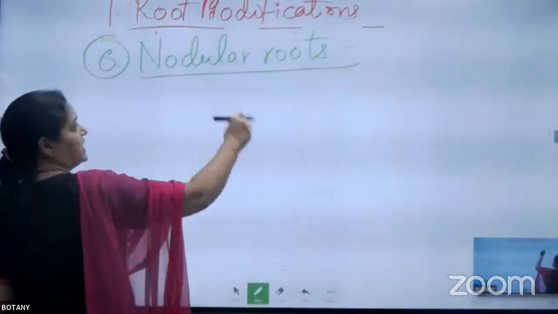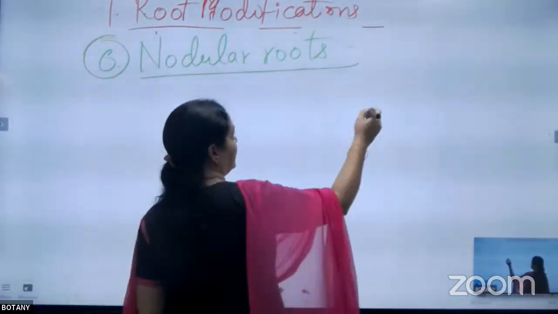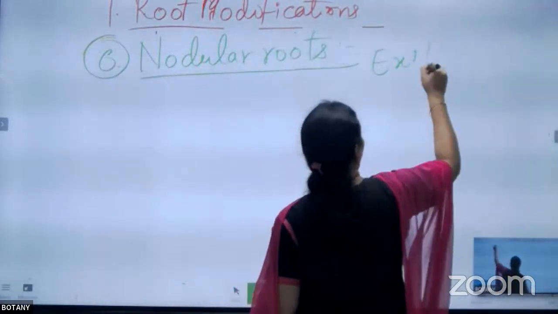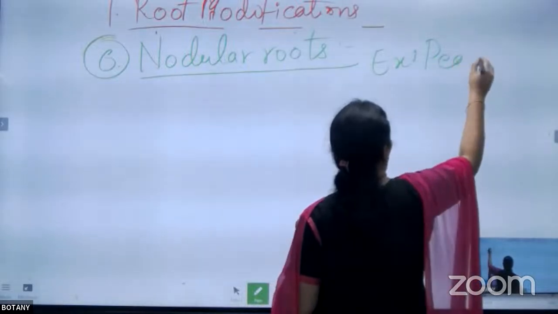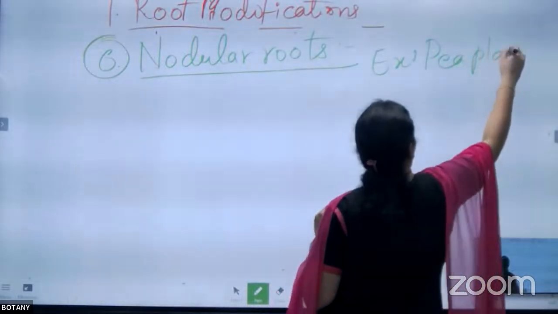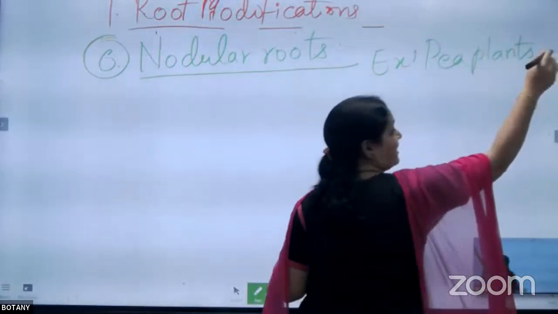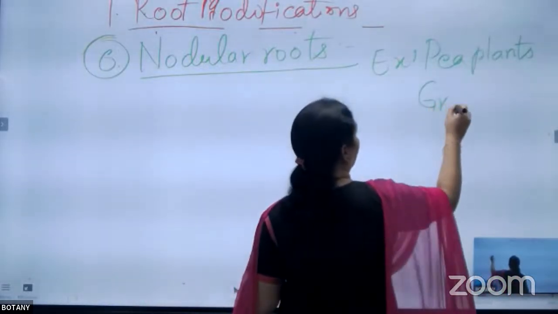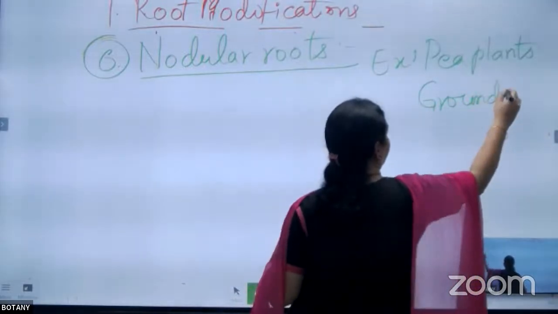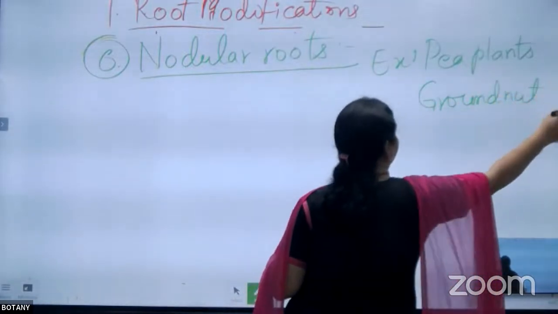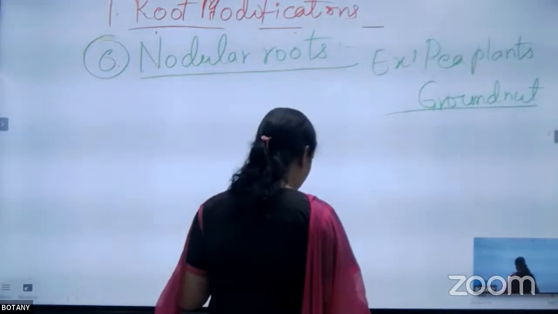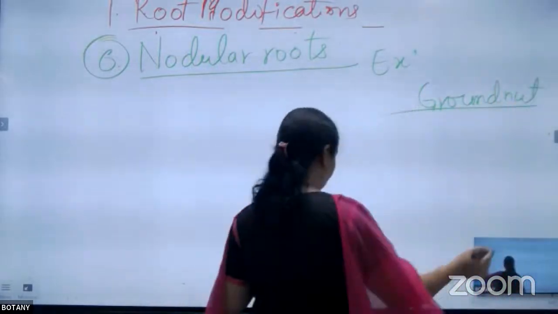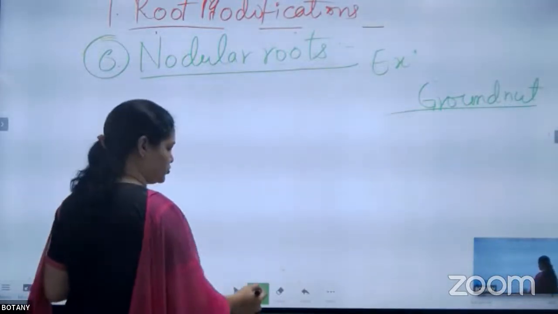So the best example for the nodular roots is pea plants, or else we can say Fabaceae family members, or else we can say groundnut, which is very easy for everyone. So we can go with only groundnut. No need for you to remember any other.